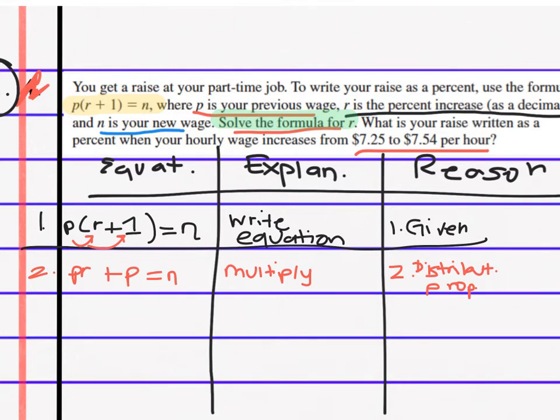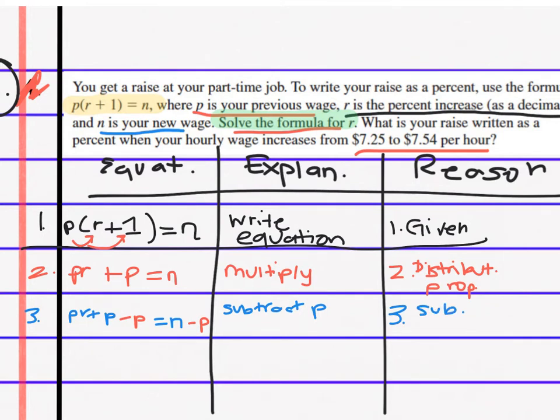Okay, then we want to solve for R. So our goal is to get R alone. Let's go ahead and subtract a P from each side. Okay, so what did we do? We subtracted P from each side. Which is the subtraction property then, right?